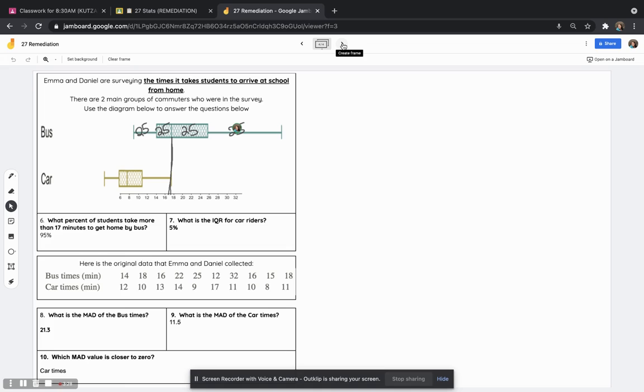It doesn't matter if one section of the box and whisker plot is longer than the other. It just means you have an outlier in your data, meaning one of the numbers is further off than the rest. But still, each section is 25%. So if I want to know more than 17, that would mean that I am covering these 2 sections here. So if I'm covering 2 sections of 25, that means total that it is 50%.